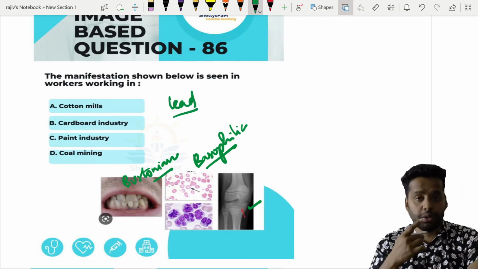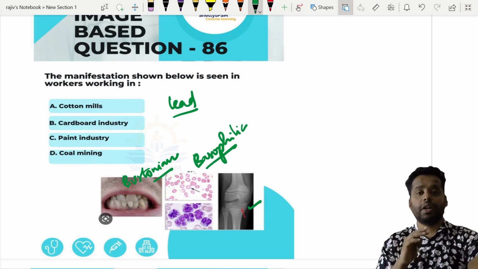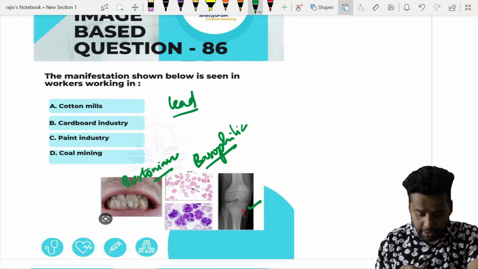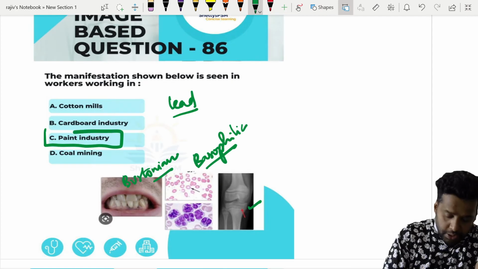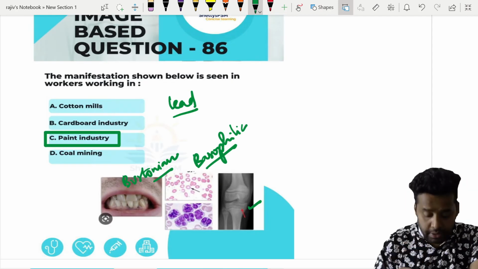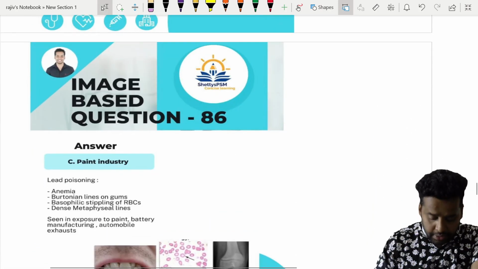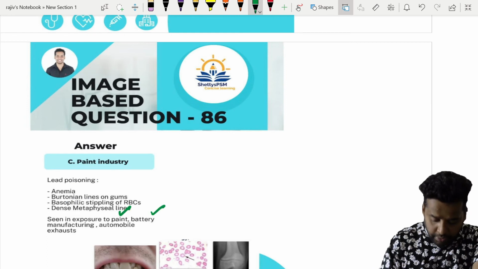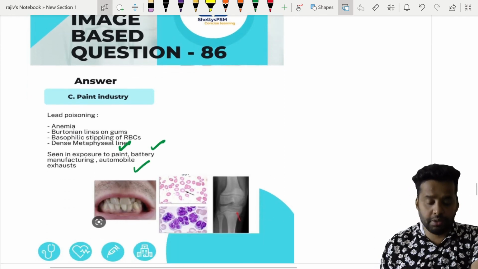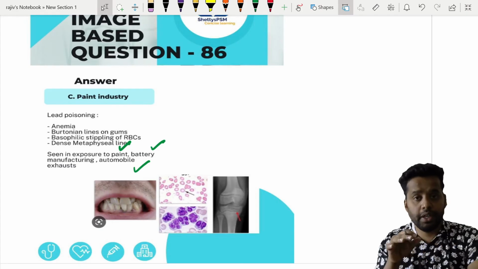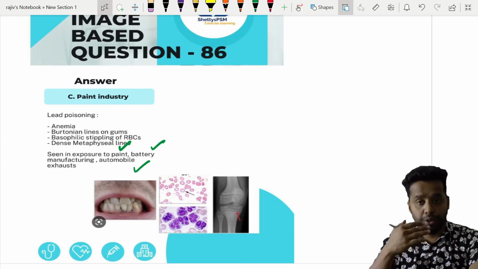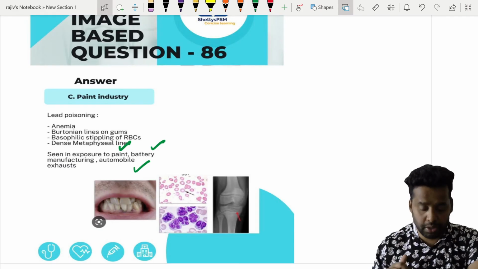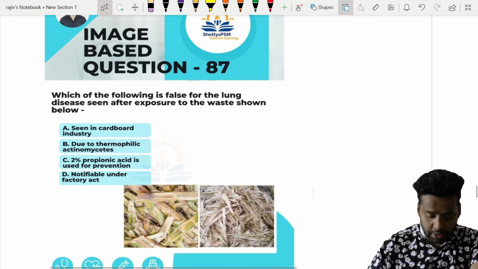Burtonian lines, basophilic stippling of RBCs, and dense metaphyseal lines are seen in exposure to the paint industry. Lead is used in paint, battery manufacturing and automobile exhaust. Out of the options it was the paint industry.